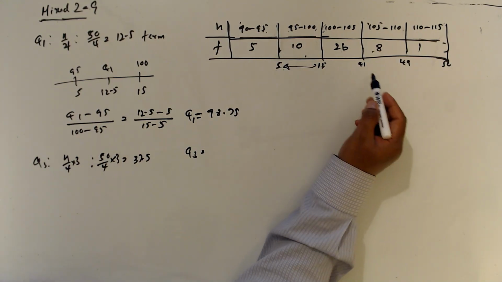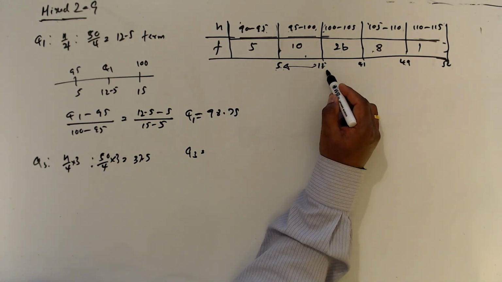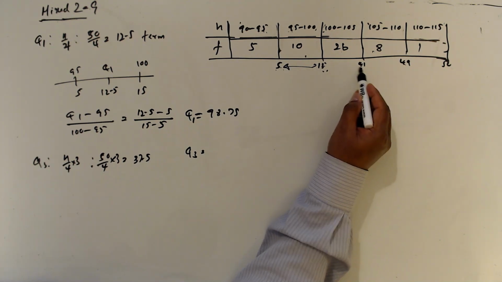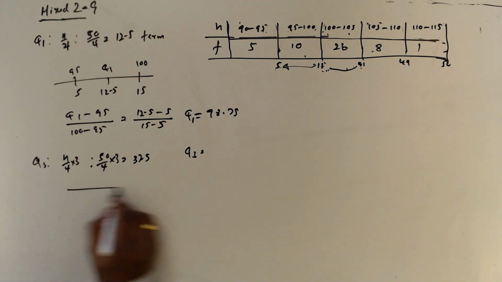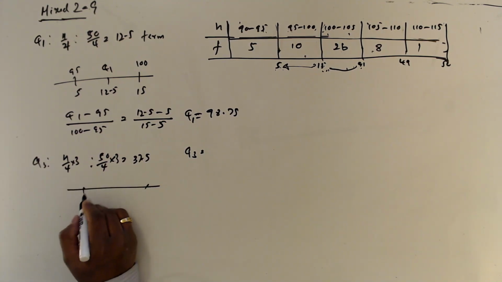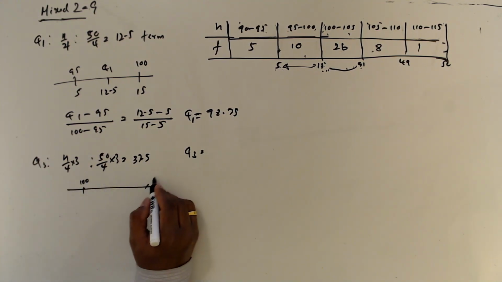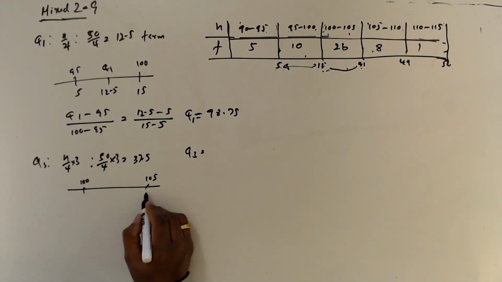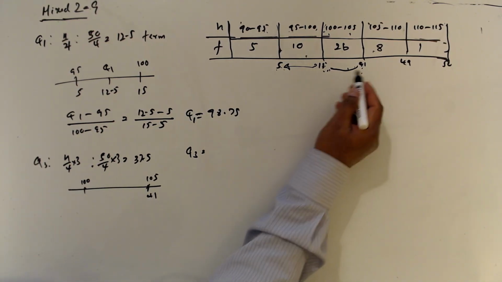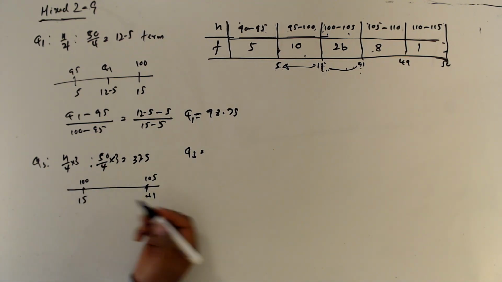And Q3 equals, 37.5 is in here. 15, this is 101 in between. So this is the boundary. 100 and 105, and this is 41 and this is 15.